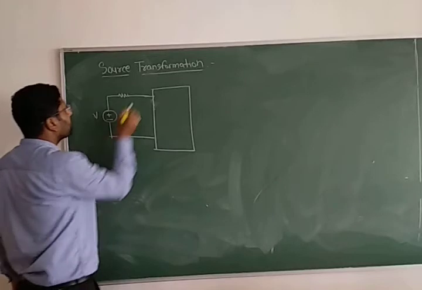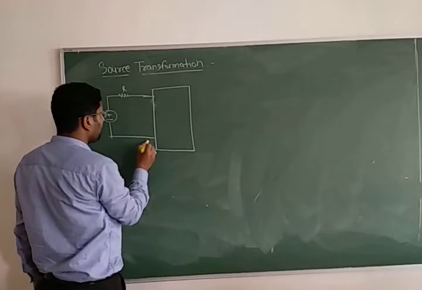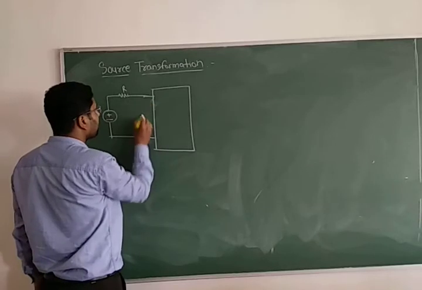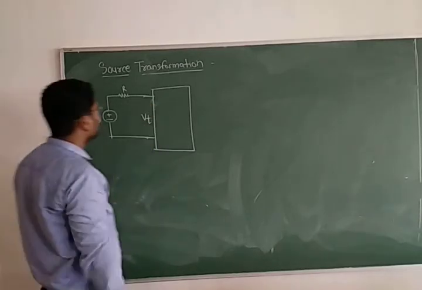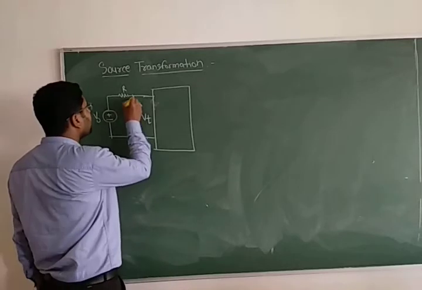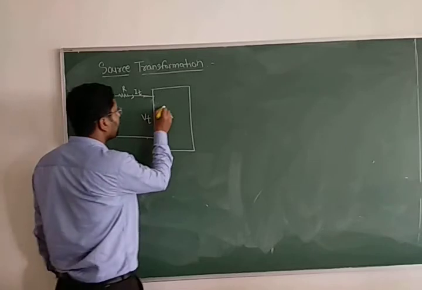This is V, this is the resistor R. You can say this is the terminal voltage V0, and the current going through that terminal is the terminal current.